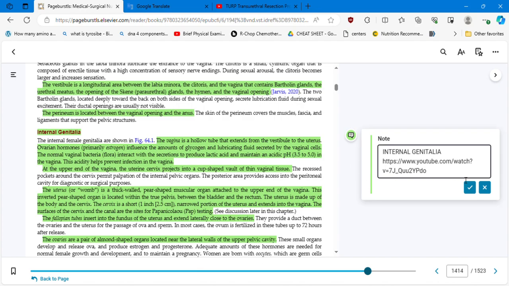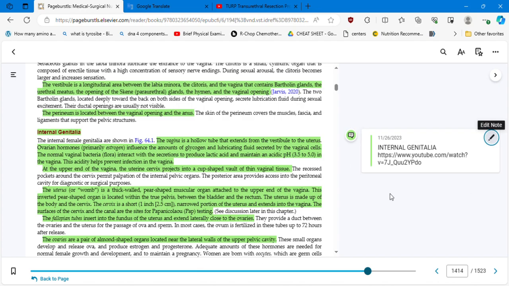So there was also a nice review about the internal genitalia. The most important part is that we need to remember that the ovaries are the ones producing the estrogen during the reproductive years.